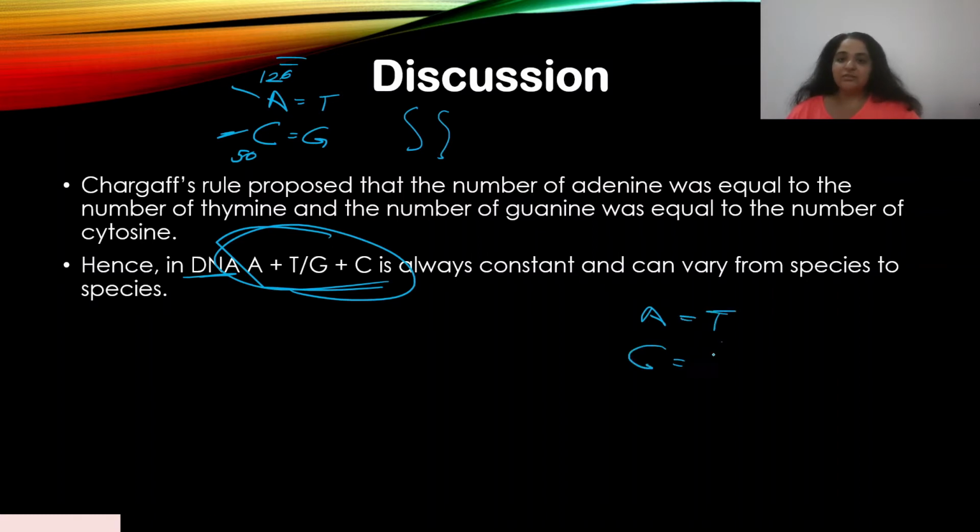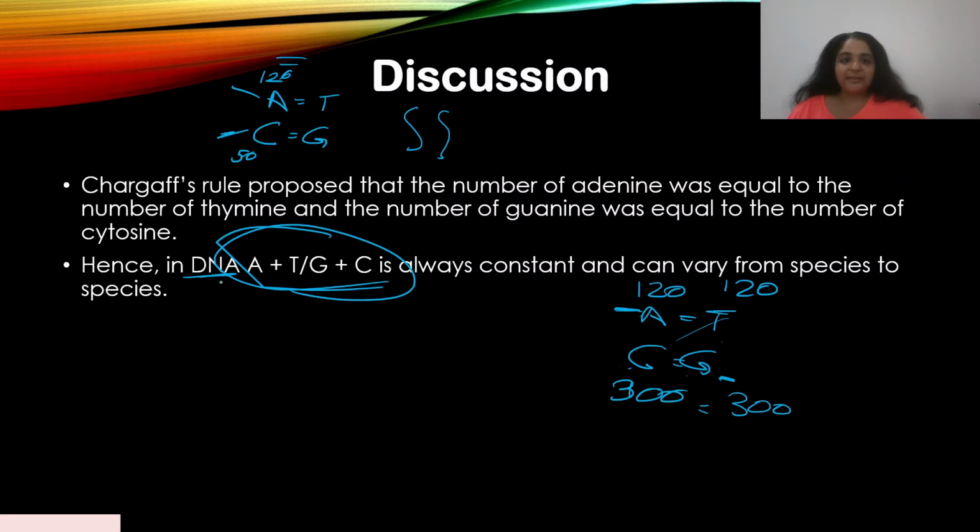But it's not necessary that the two purines, adenine and guanine, or these two pyrimidines will be equal in number. Of course, this can be 120, this can be 300. So you'll have 300 guanine and you'll have 120 thymine. The ratio of purines to pyrimidines will always be 1.